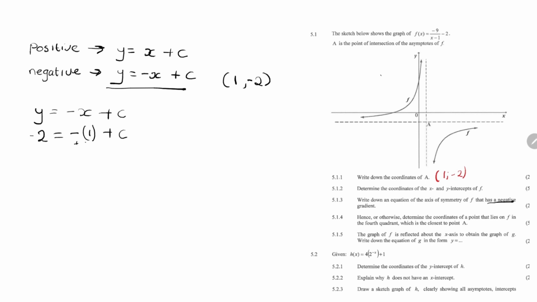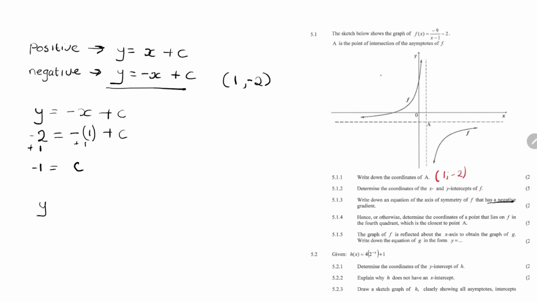So we will add 1 both sides. Such that here we will have a negative 2 plus 1, which gives us a negative 1 equal to c. So c is equal to negative 1. So that means back to the formula, which is y equal to minus x plus c. We will do this.